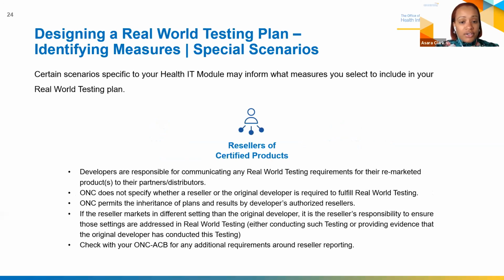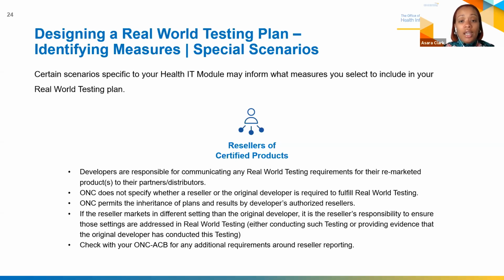Okay, now resellers of certified products. We know that ONC allows for you to work with resellers and have business relationships where you allow for your products to be sold by other parties. And so developers are responsible for communicating the real-world testing requirements to your remarketed products' partners and distributors, okay?